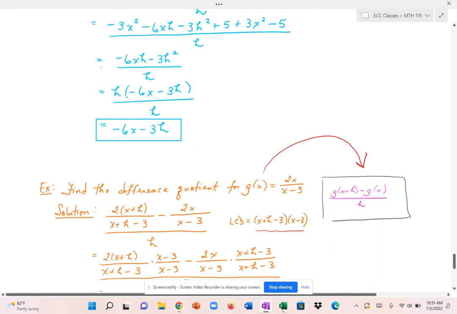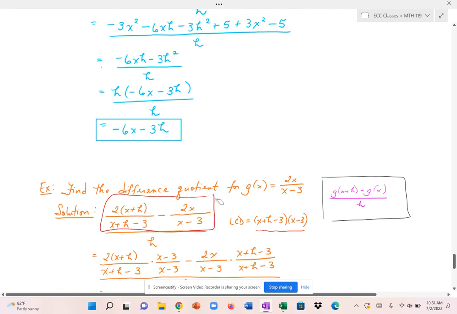g of x plus h minus g of x all over h. So this is the g of x plus h part. Everywhere there's an x in the original function, you replace it with x plus h. And then minus g of x, well, that's what that looks like, all over h. Okay, so now I've created an expression that needs some manipulation because these two do not have a common denominator.